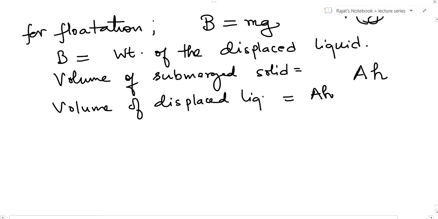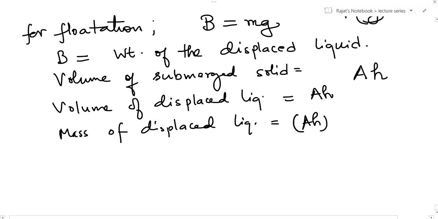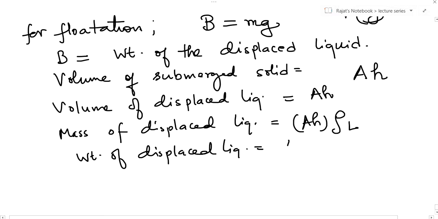Whatever volume goes inside the liquid, that much will be displaced. Very simple. So the mass of displaced liquid will be A into h into rho L, volume of liquid into density of liquid, and the weight of displaced liquid will be A h rho L into g.